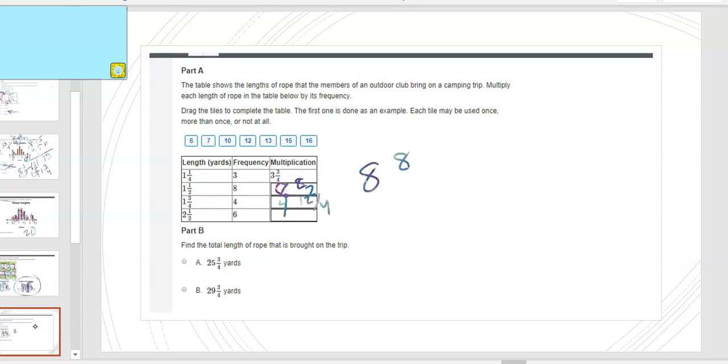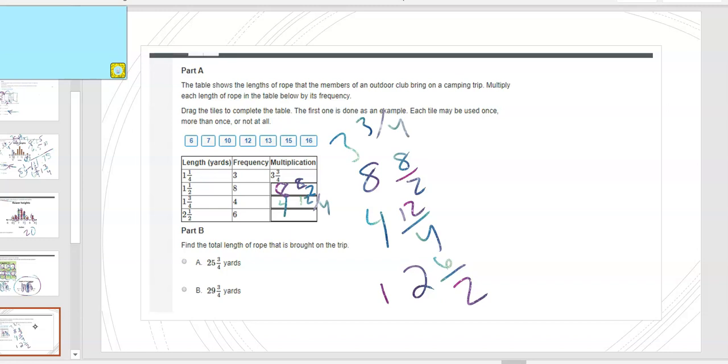So 8 and 8 halves. 2 1/2 times 6 would be 12 and 6 halves. So that's what happened when we multiplied.